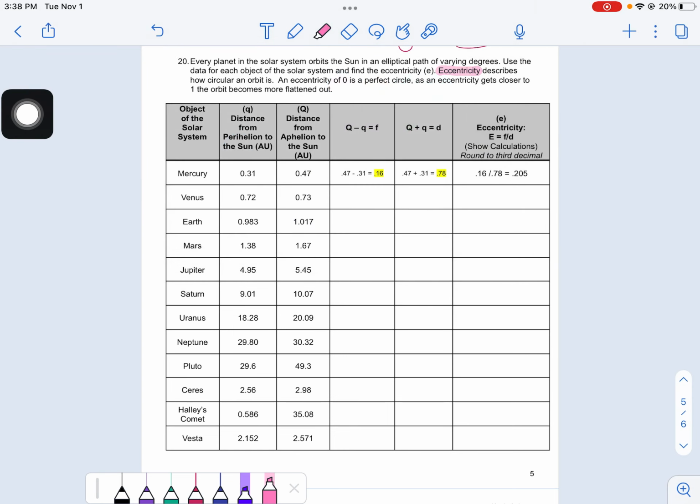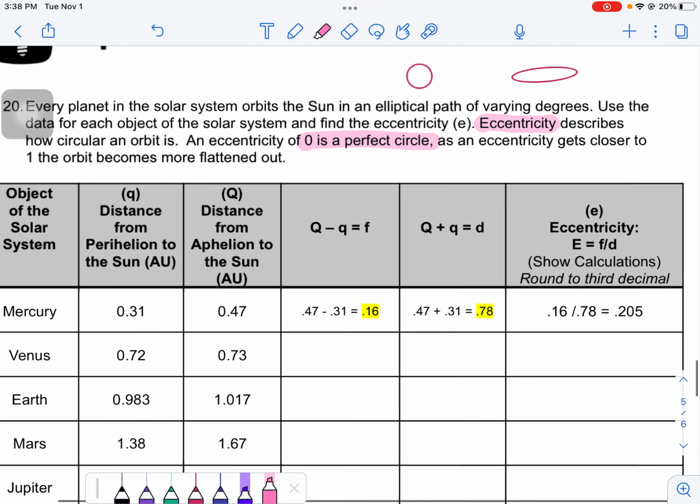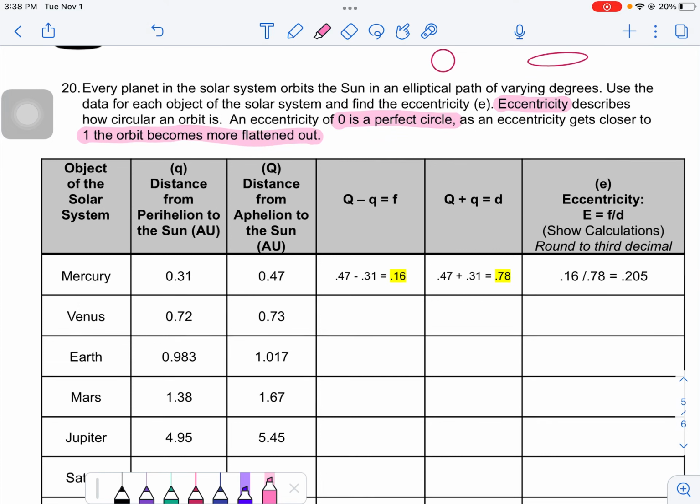You might remember our details from earlier. If the eccentricity is close to 0, it's more of that perfect circle, where if it's closer to 1, the orbit is more flattened out. Okay, so we did some calculations of this already with our specific ellipses. Here, the data is already given for you. So there's one that's already set up where you can see where the different Q's are coming from, right?